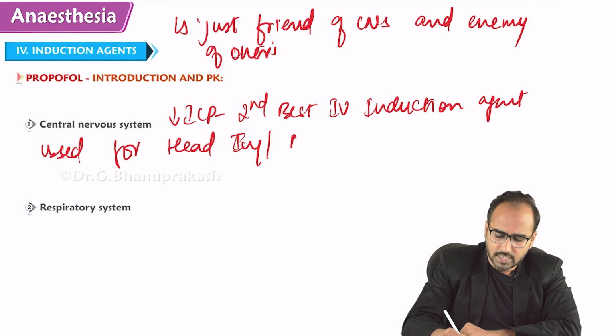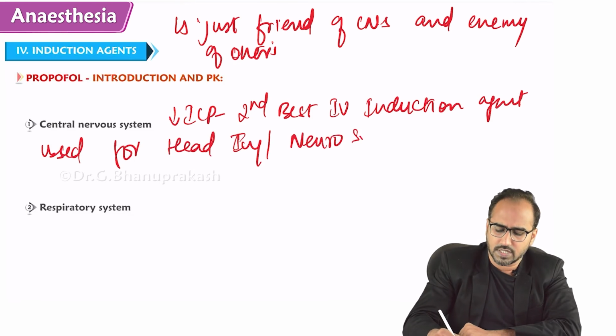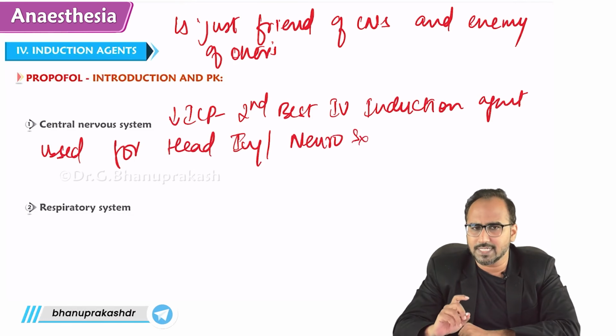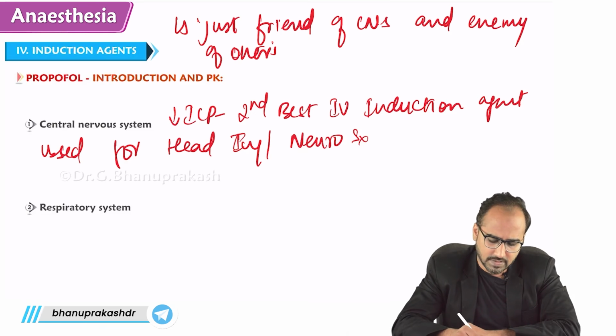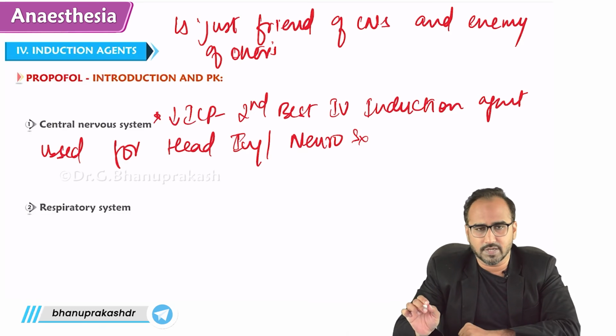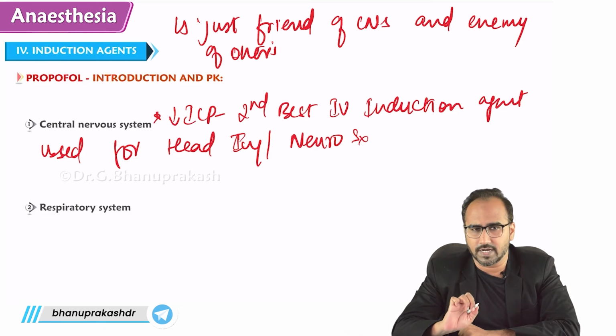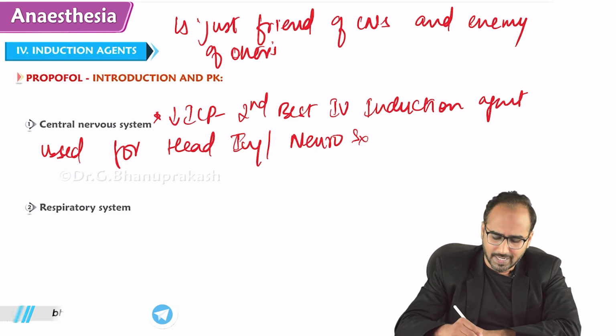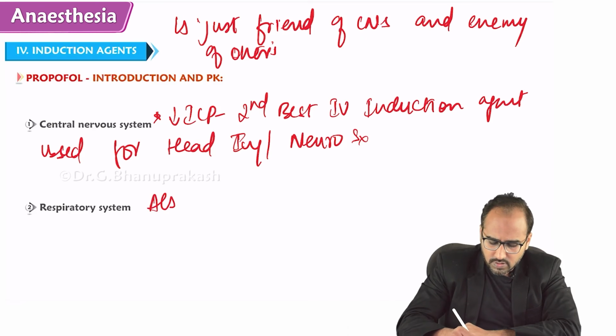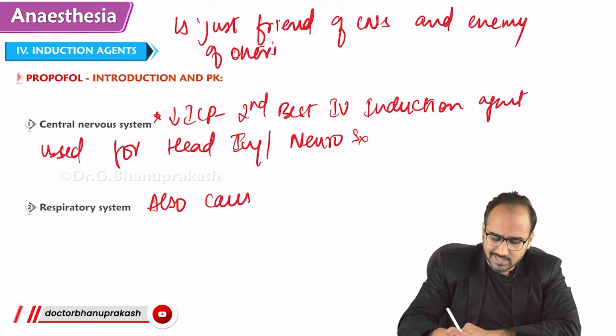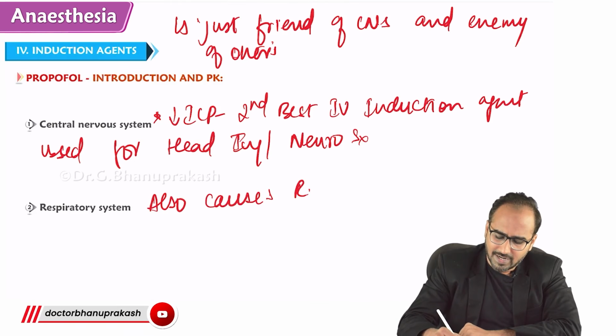Only one quality. Decreases ICP, hence it is the second best choice. Okay? Not any other quality on CNS. That's why it is just a friend. Enemy of others means respiratory, it's an enemy. So, Propofol also causes respiratory depression.